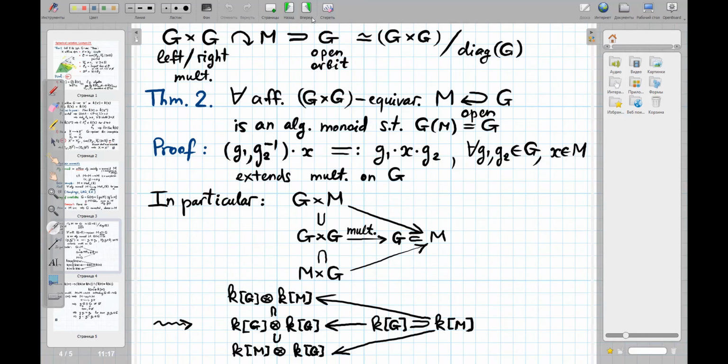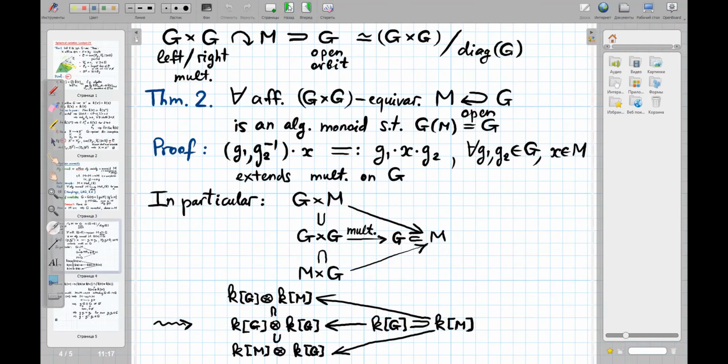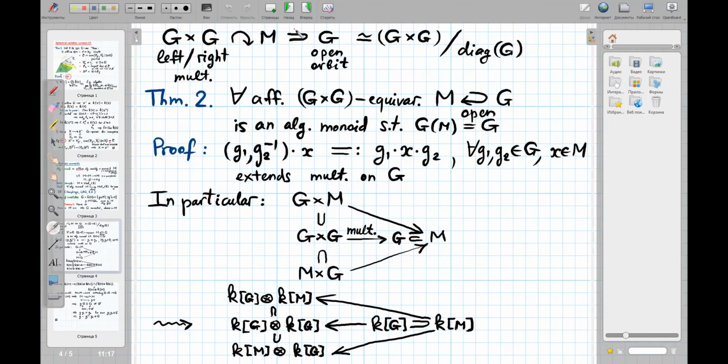Okay, so I think that the break is over and we can continue. So now we have seen in the second theorem that irreducible affine algebraic monoids are the same as equivariant affine open embeddings of algebraic groups.